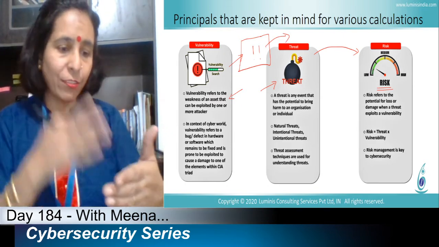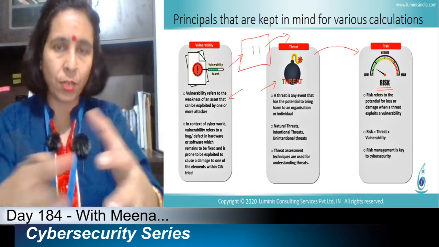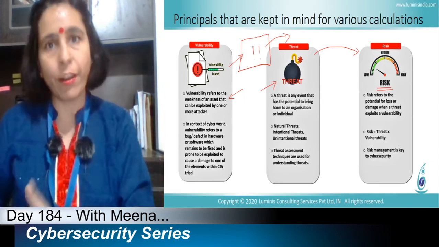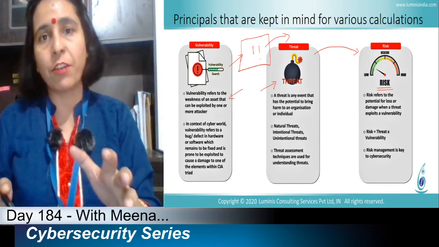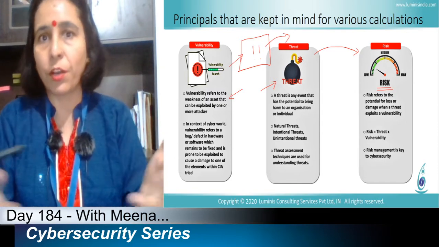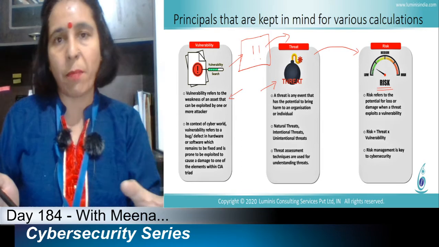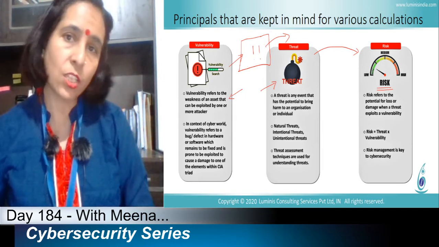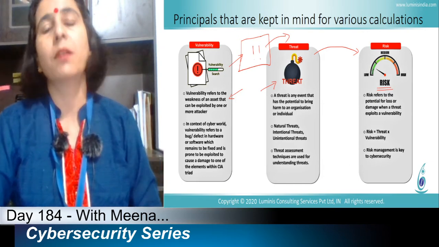If this server holds the database of our complete organization, then we need to keep an offline backup as well. If a ransomware attack happens, we need not pay a huge amount to the cyber criminals. We can just restore our backup and run our organization. So when we keep these things in mind, we can implement cybersecurity better.